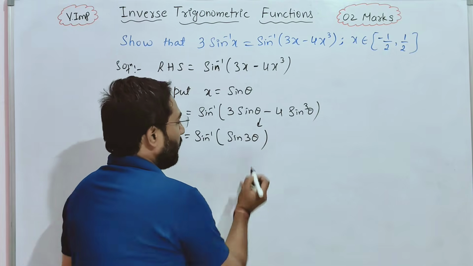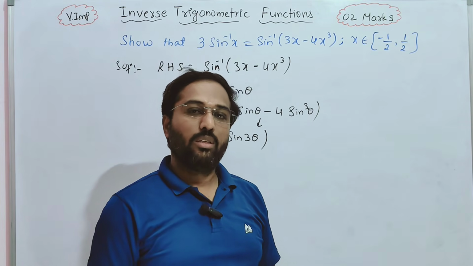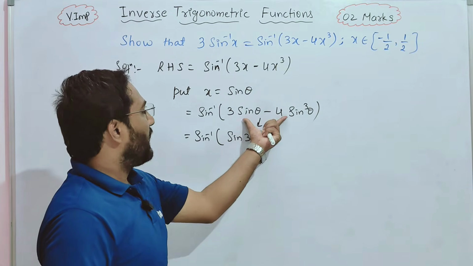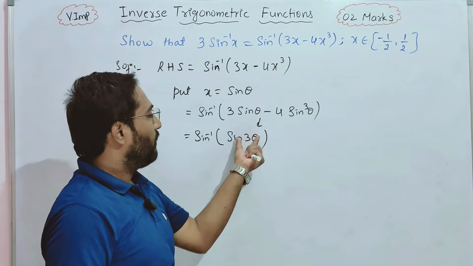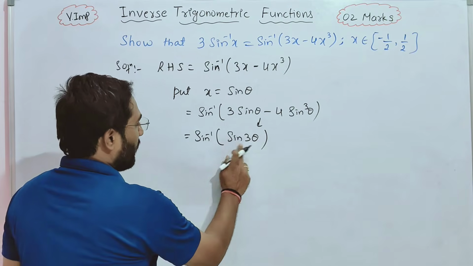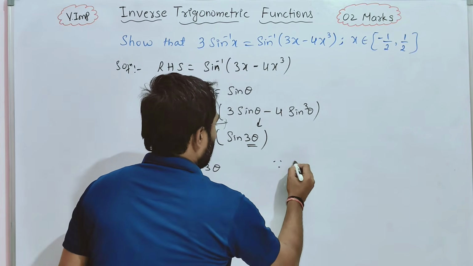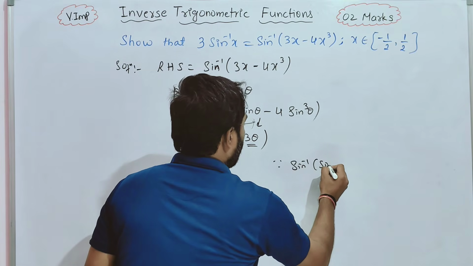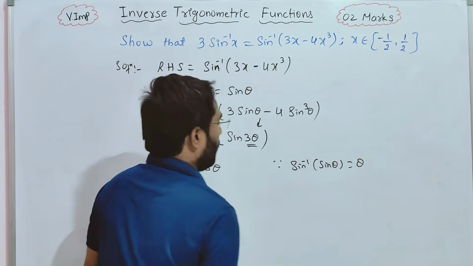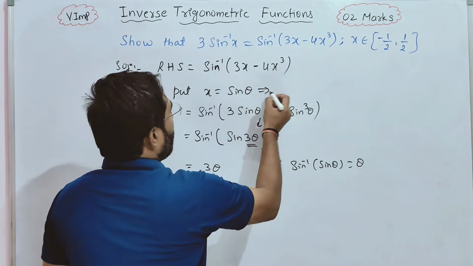In the previous example, we have seen the formula of sine 2 theta, that is 2 sine theta into cos theta. So this is exactly the sine 3 theta form. Okay. Now you can use the property sine inverse of sine theta is equals to what? Theta. Instead of theta, you have 3 theta. Okay. Now the theta value will be used from this.